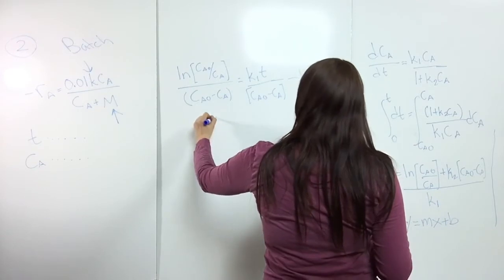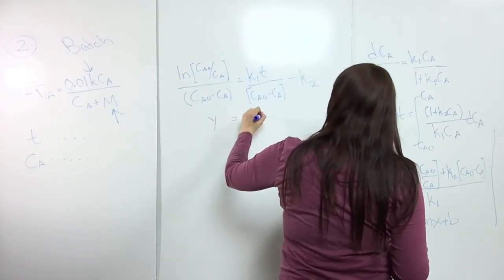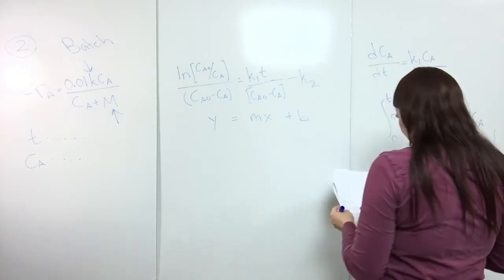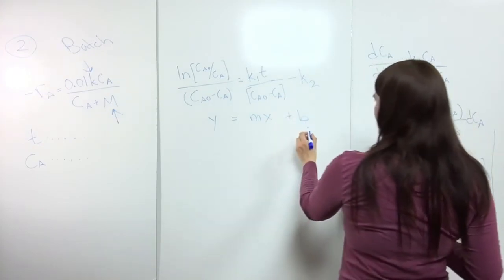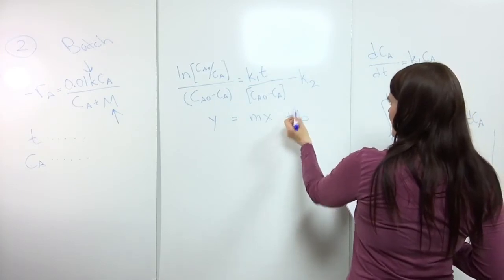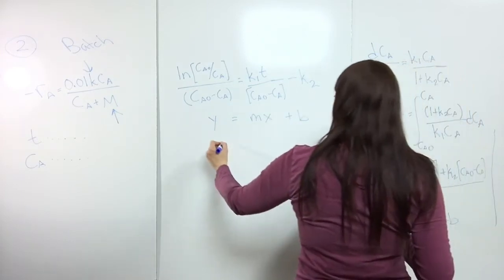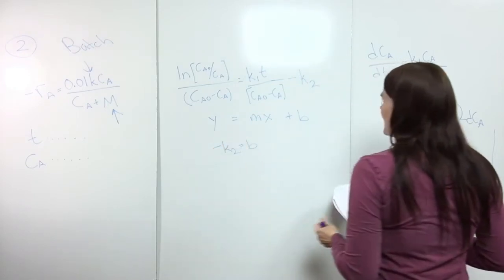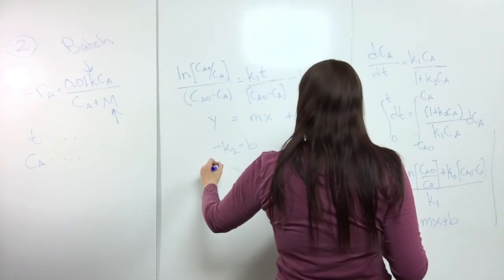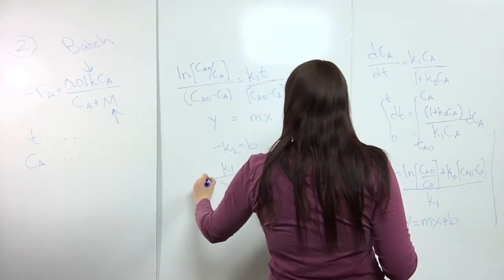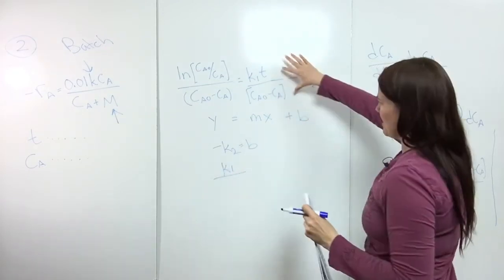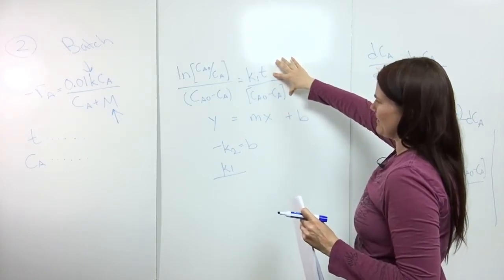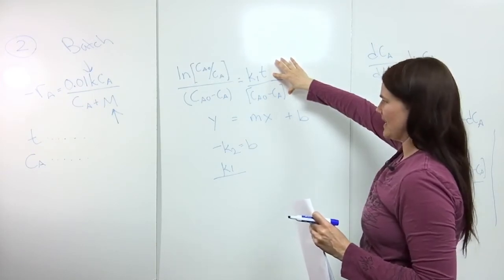So then you can see if I write y equals mx plus b, negative K2 equals b. When I plot this, I'm going to divide t by Ca naught minus Ca, so that accounts for them.